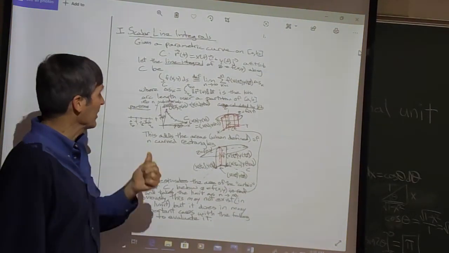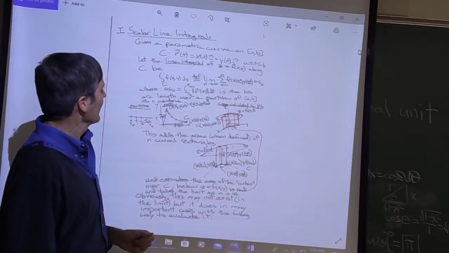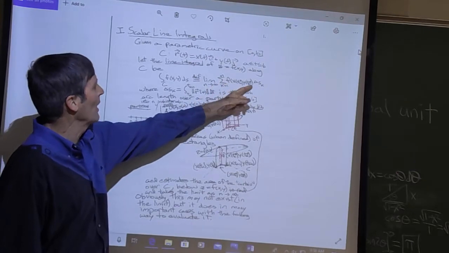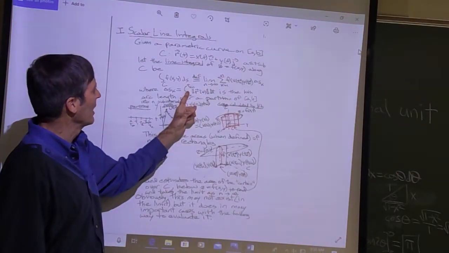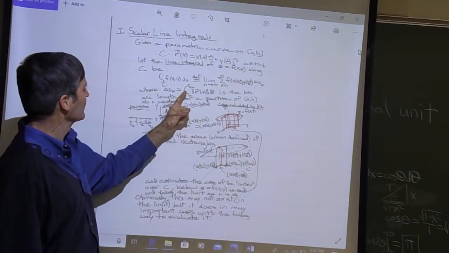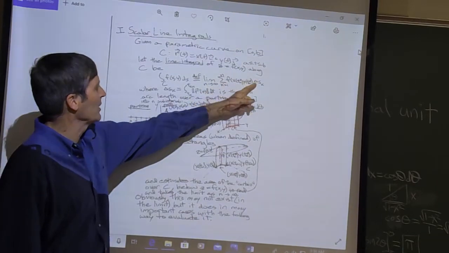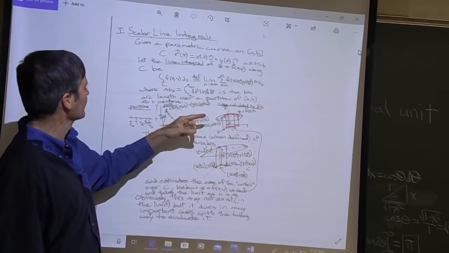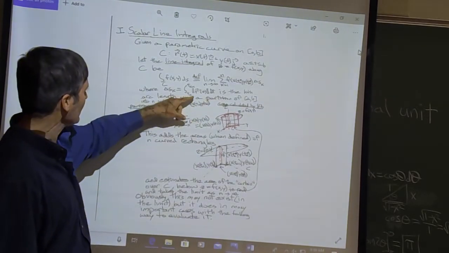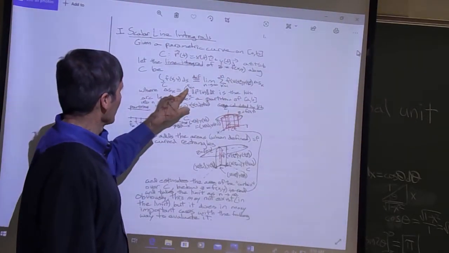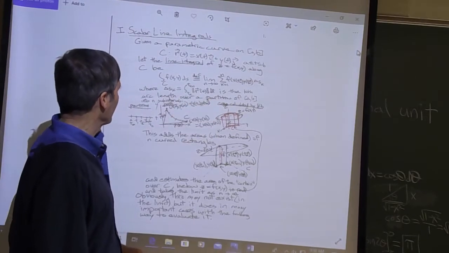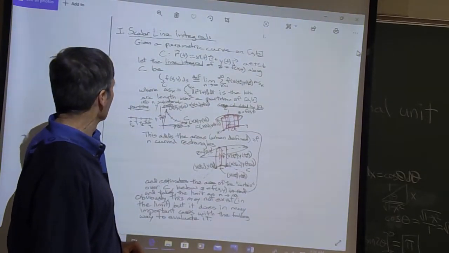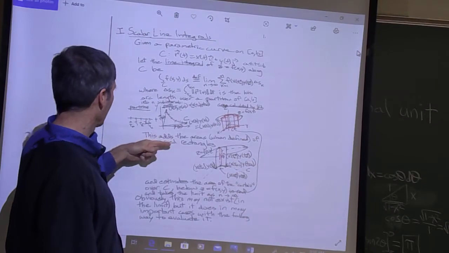One interesting immediate result is that if you put f equals 1 in here, then this becomes the limit of the sum of delta sk, which is the integral of the magnitude of r prime of t dt from before.